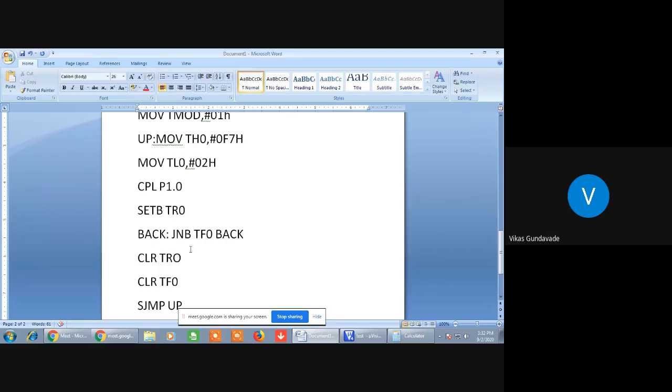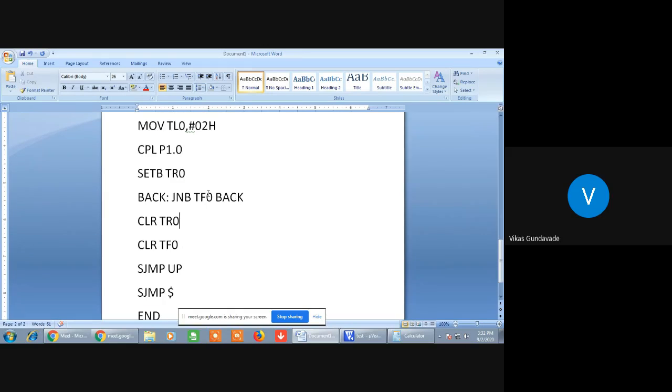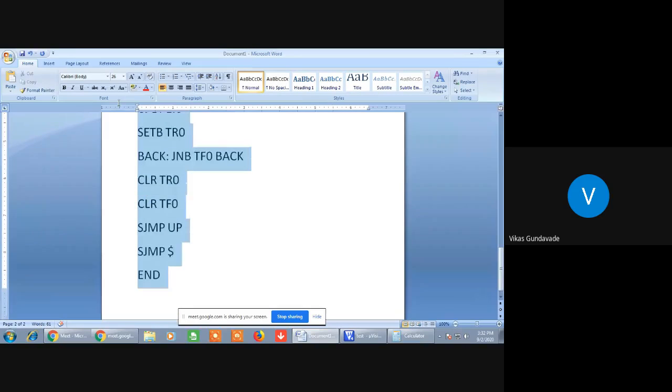Once it is set, we clear the TR0 bit, that means we stop the timer, and we clear the TF0 bit, so that after restarting the timer, the TF0 bit is clear. So this is the complete program.